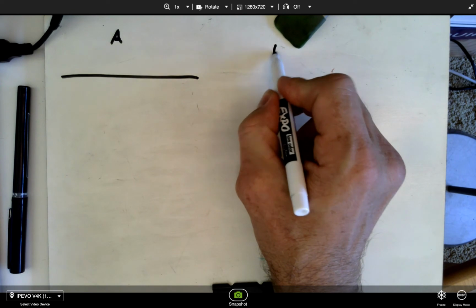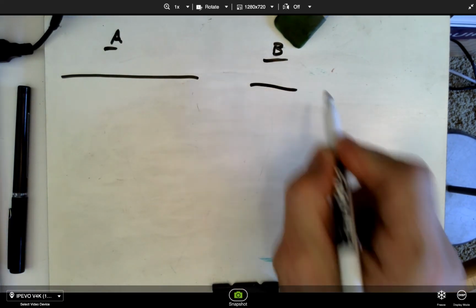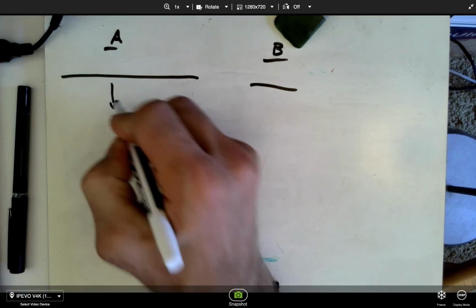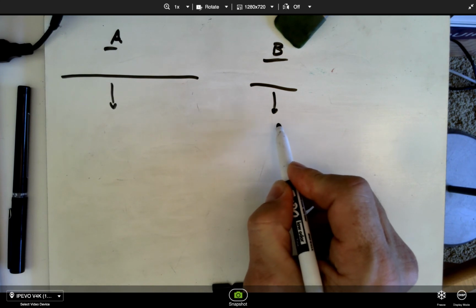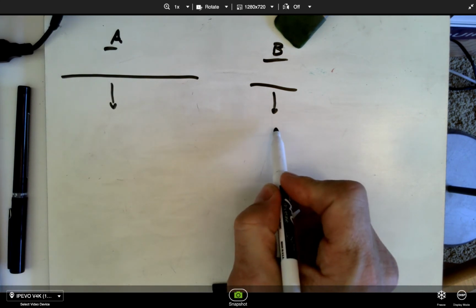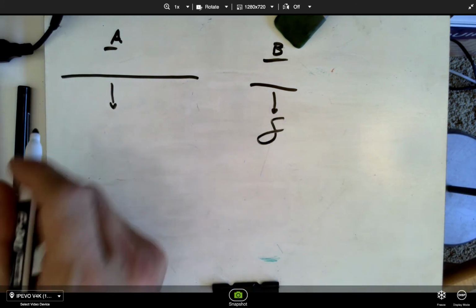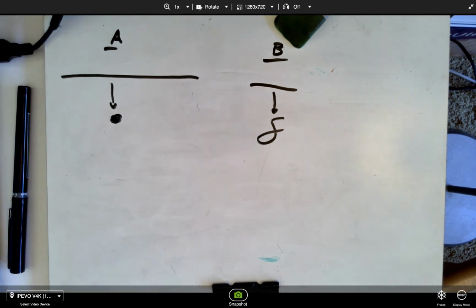Protein B looks like this. But we know that's not the native state of those proteins. We know that those proteins fold in a very specific way. Maybe protein B doesn't have much secondary or tertiary structure, so maybe it looks something like that. Maybe A is a very, very globular protein and folds something like that.